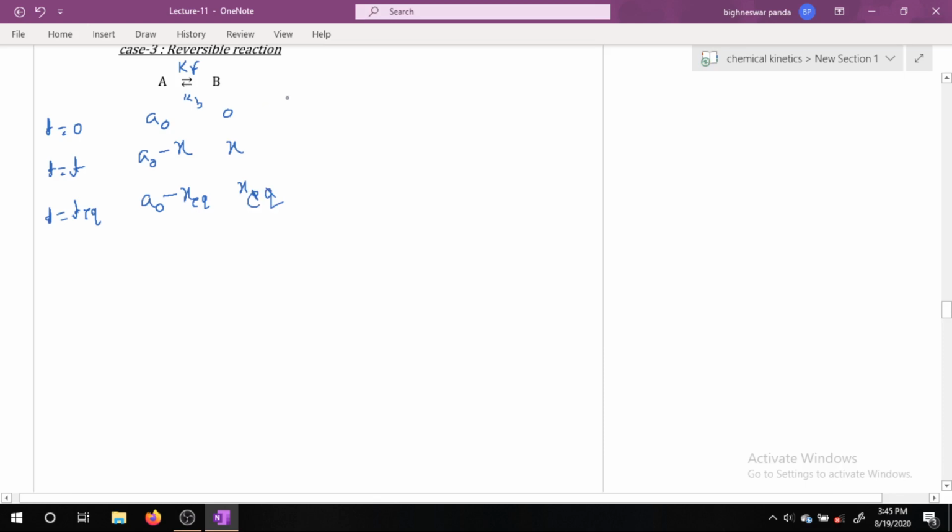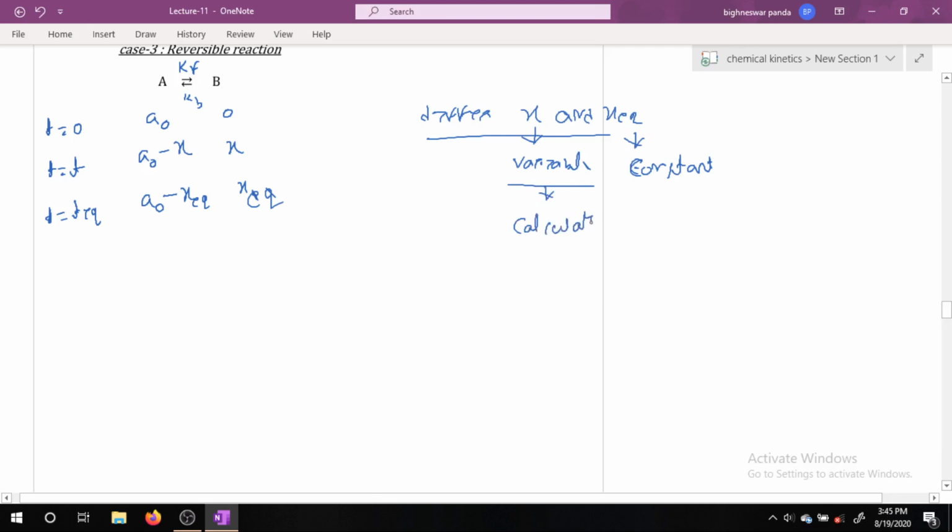So what is the difference between the variable x and xeq? The variable means it is to be calculated.